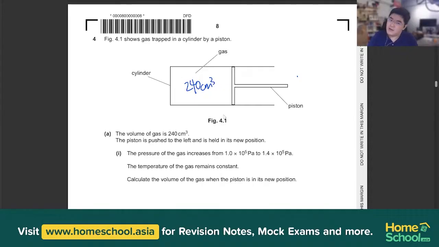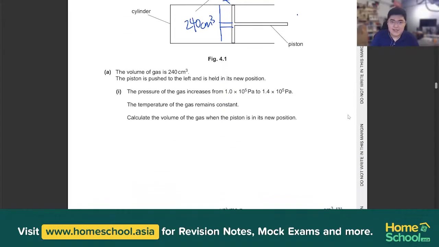And the piston is pushed to the left, so it is pushed this way, and held in its new position. So part A part 1. The pressure of the gas increased from 1 times 10 to the power of 5 to 1.4 times 10 to the power of 5 pascals. This is the unit for pressure. And the temperature remains constant.